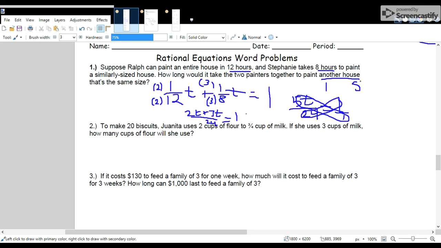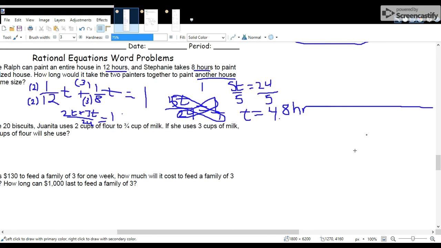So we have 5t equals 24. Divide both sides by 5. You get t equals 4 remainder 4, which is the same thing as 0.8. So t equals 4.8 hours.